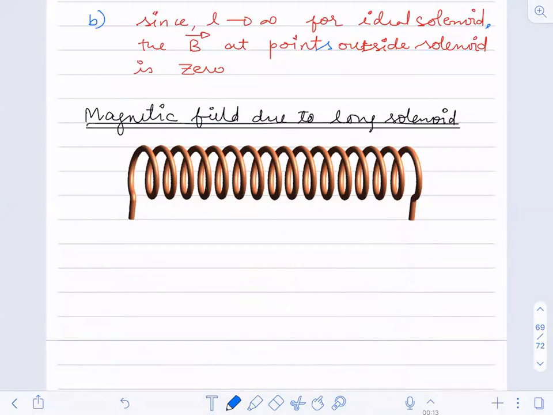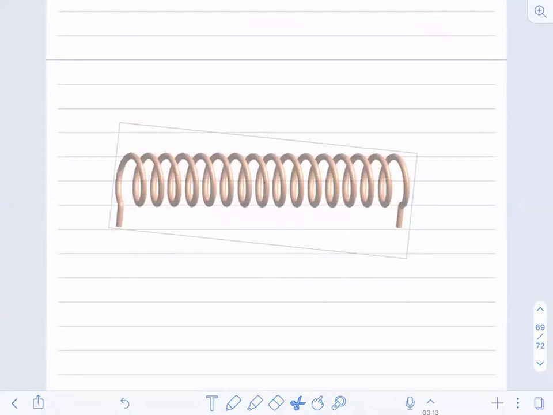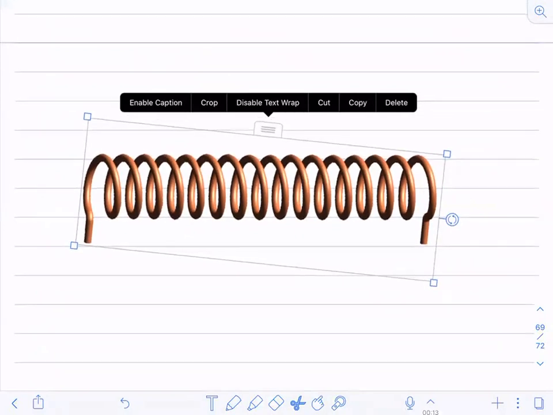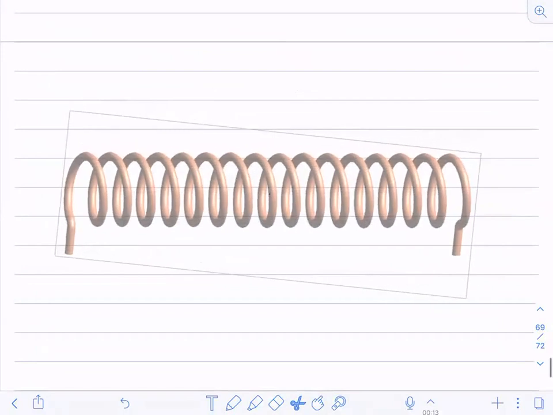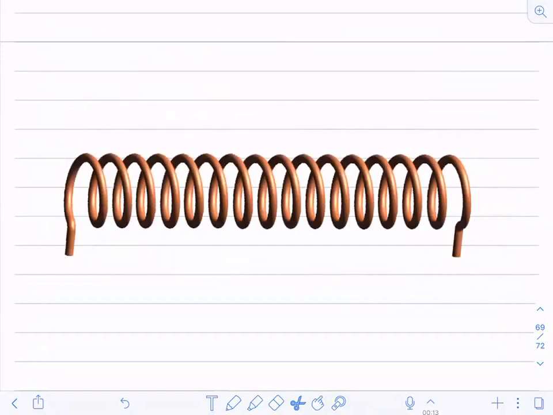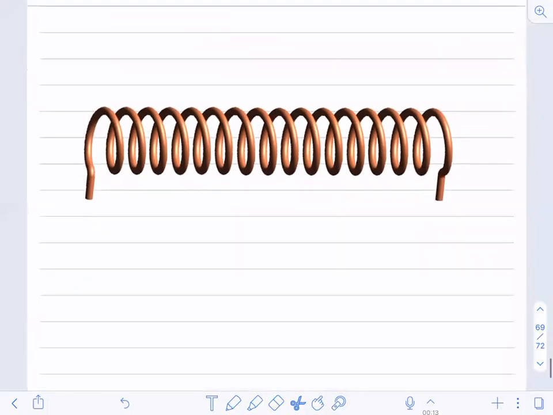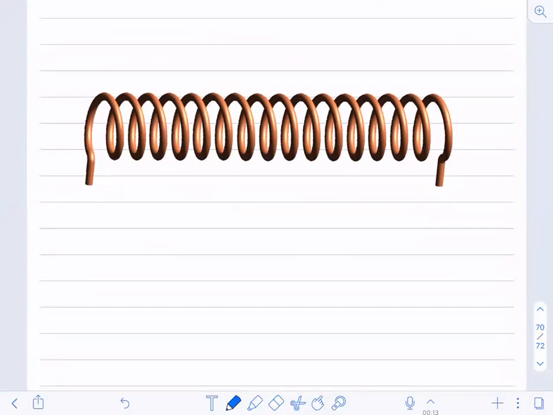So we have to consider the loop. I'm just drawing it here. Before starting this derivation, you have to consider a few terms which we will be using while deriving.